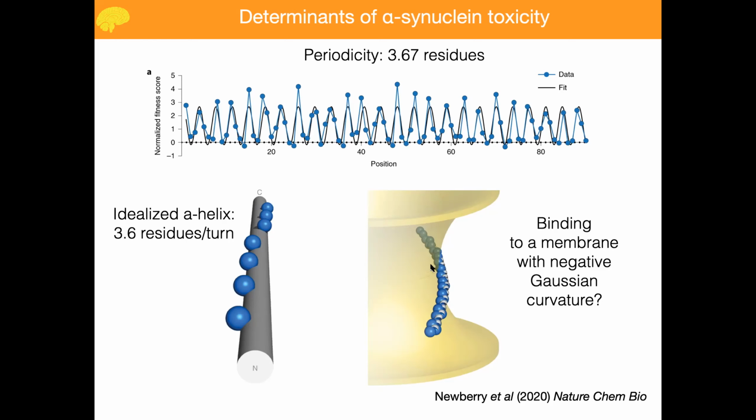And this is very interesting because if you now make this model, this is the type of membrane curvature you might find at a point where a vesicle docks and fuses with a membrane or maybe pinches off from a membrane, which is in fact in neurons the case at the presynaptic membrane where synaptic vesicles fuse with a target membrane.